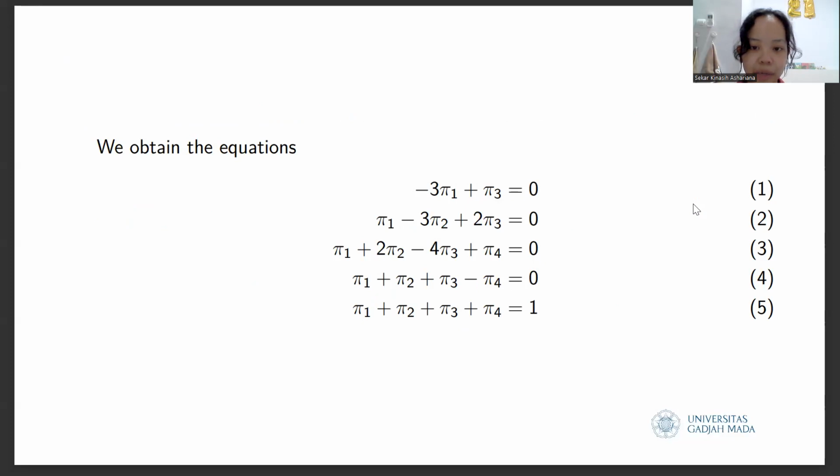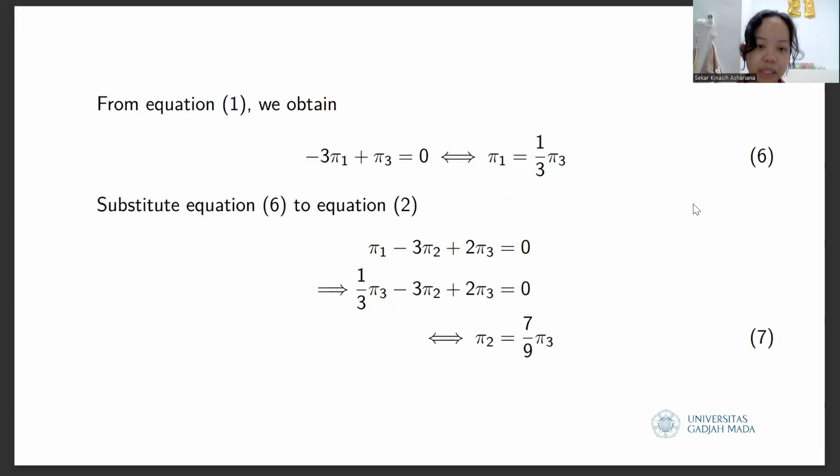Minus 3 pi 1 plus pi 3 equals 0, pi 1 minus 3 pi 2 plus 2 pi 3 equals 0, pi 1 plus 2 pi 2 minus 4 pi 3 plus 4 pi 4 equals 0, and pi 1 plus pi 2 plus pi 3 minus pi 4 equals 0. And then we have a constraint, which is that the elements must sum to 1, so pi 1 plus pi 2 plus pi 3 plus pi 4 equals 1.